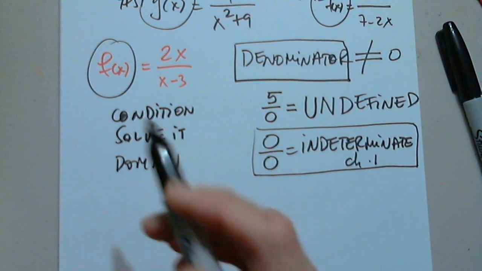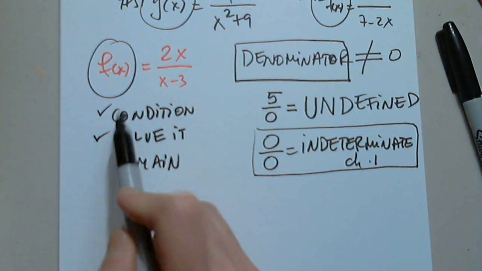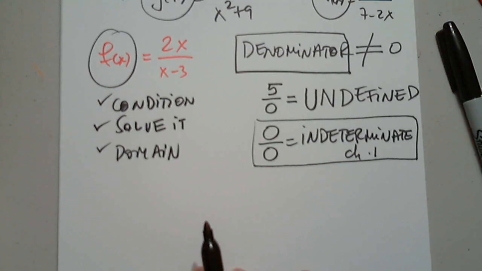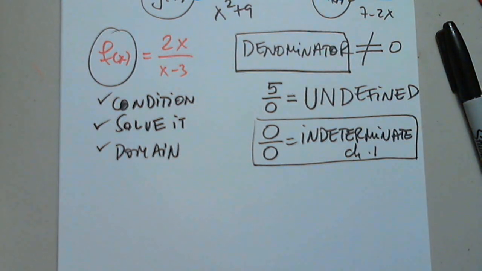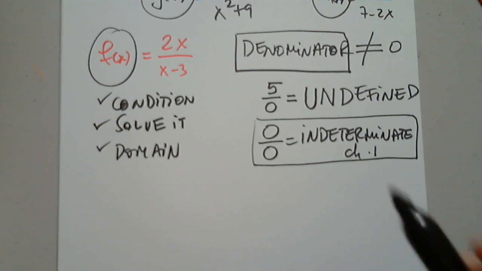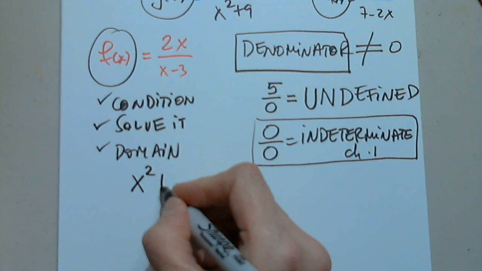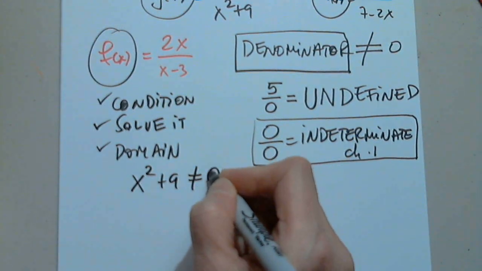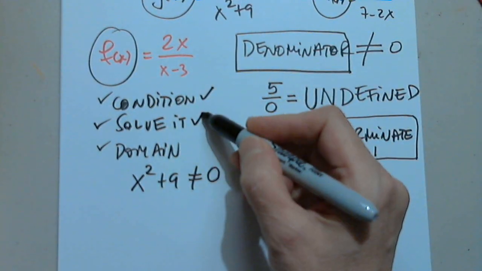These are the steps. I want the condition, then I solve it, and then I find the domain. For the first one, can anyone give us the condition that I have to write? X squared cannot equal -9. Excellent. But I have to write it like this first. This is the condition, and then I will solve it.